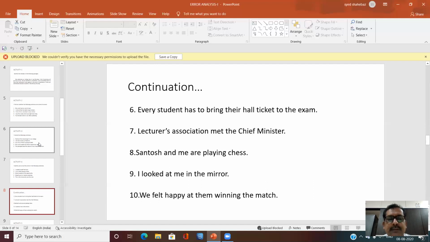Lecturers, the apostrophe has to be after S. Lecturers' Association met the Chief Minister. Santosh and I are playing chess. I looked at myself in the mirror. We felt happy on their winning the match.